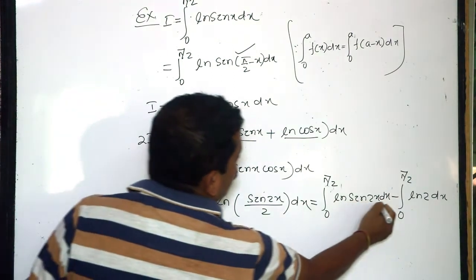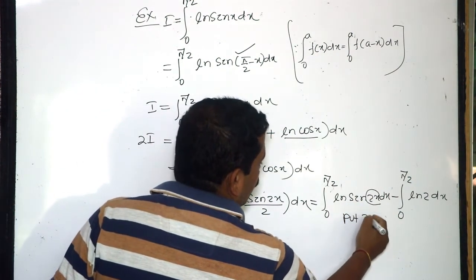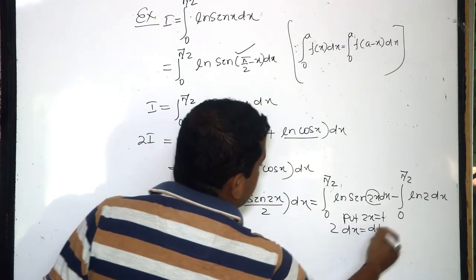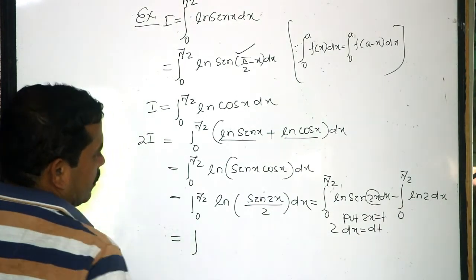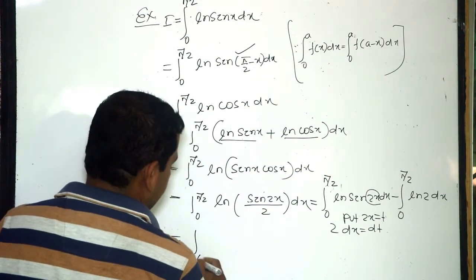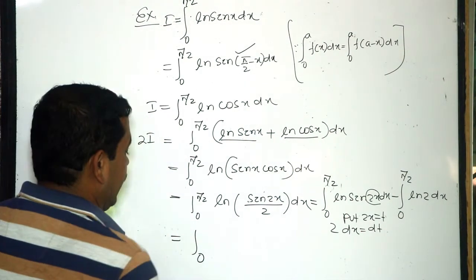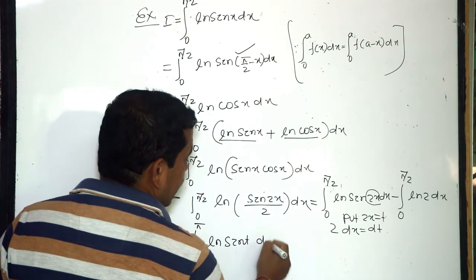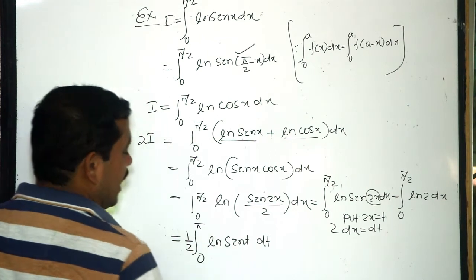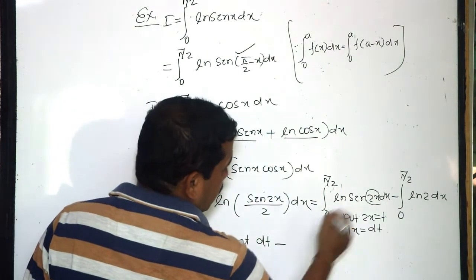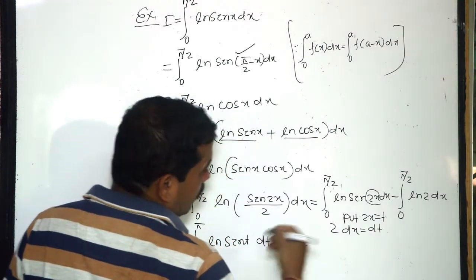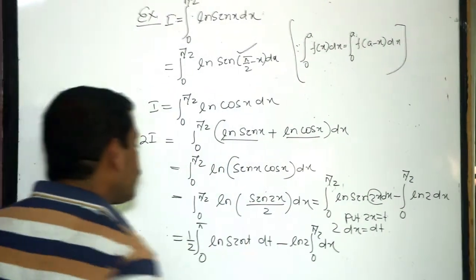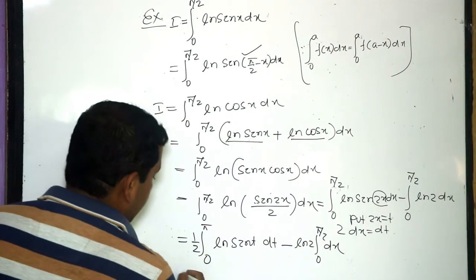Then put 2x as t, so that 2 dx equals dt. Then the limits of the integration will change, from 0 to pi, and it will be half of the integral of log sin t dt, minus, taking log 2 outside, the integral from 0 to pi by 2 of dx, which will be half.